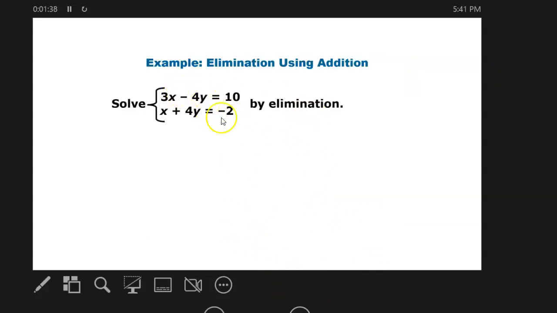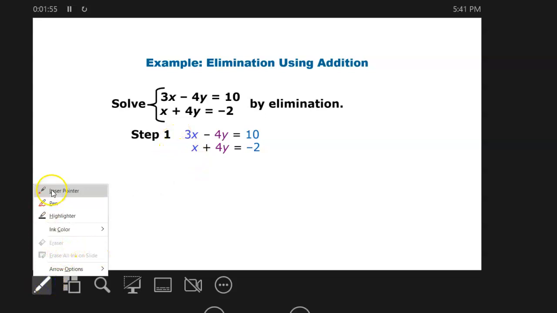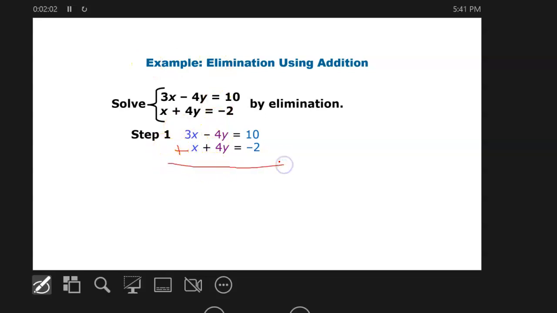All right, so the first problem that we have, as you can see, we have the two equations, and in step 1, the terms are lined up. Now, this method that we're going to be using is elimination using addition, and that's exactly what it means. It means that we are going to take these two equations and add them together. So when I add them together, I have 3x plus 1x, which is going to give me 4x.